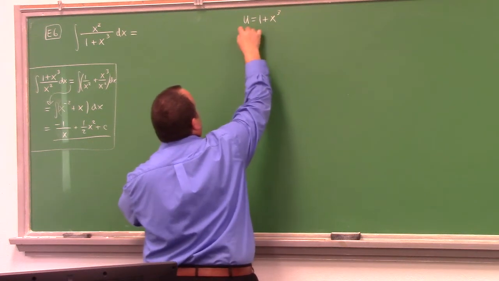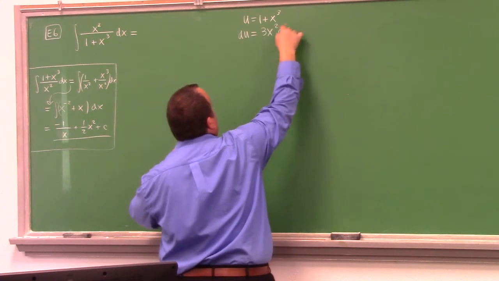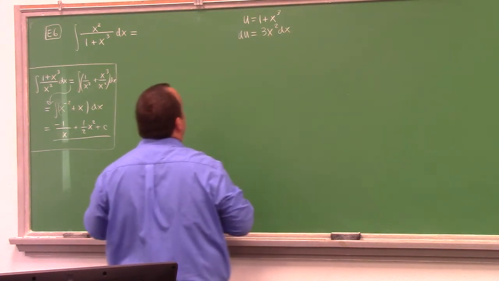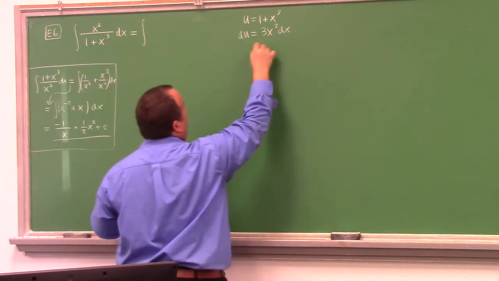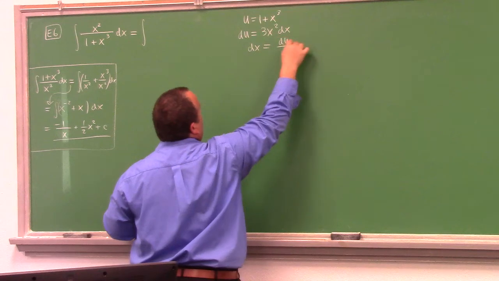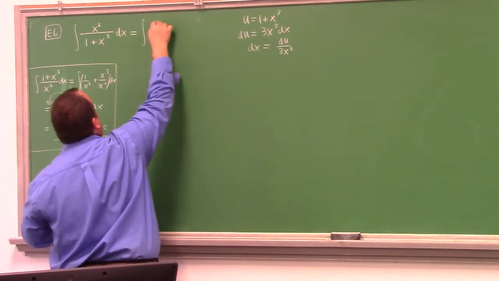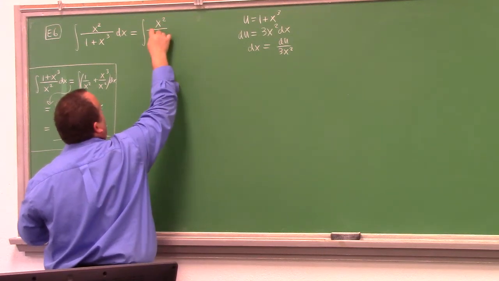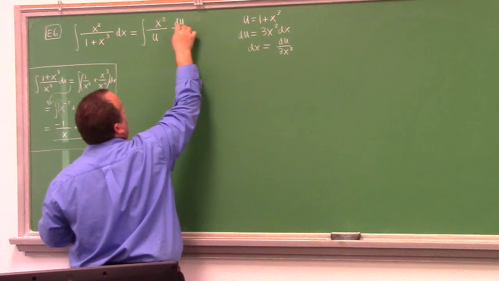What's du equal to? 3x squared dx, right? So what are we looking at here? I can solve for dx: dx is du over 3x squared. So what we're looking at here is x squared over u times dx, which is du over 3x squared.